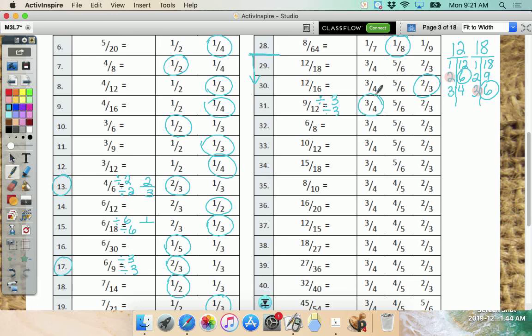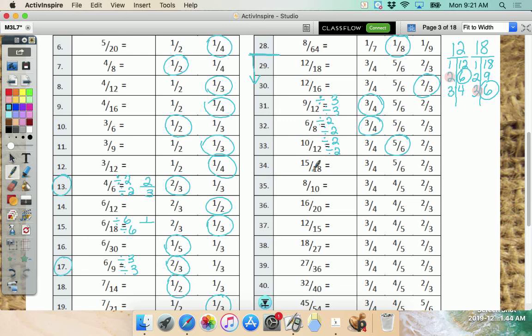What do you think I'm going to divide by? 2. So 3/4 again. What about 10/12? What are you dividing by? So I noticed I divided by 2 on 2 of these. So it's 5/6.